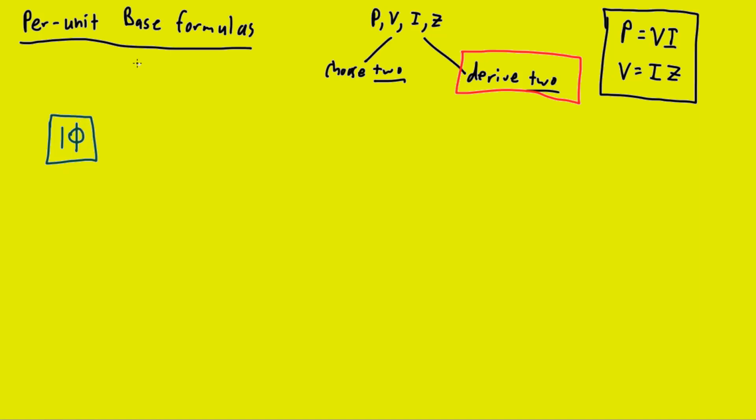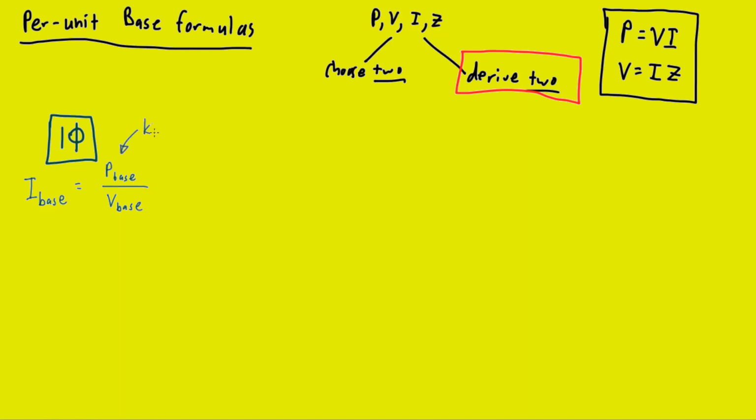Our first formula will be our base current formula, and that's very simple. It's current equals base kVA over base voltage in kV. Now, what I mean by that is we have really a simple application of the P equals VI formula to derive current.